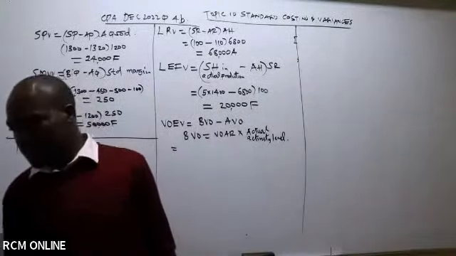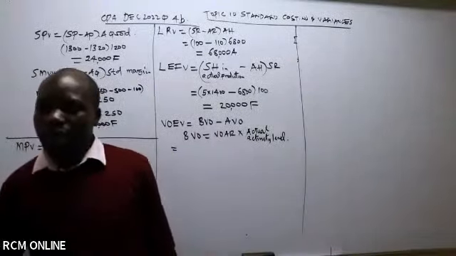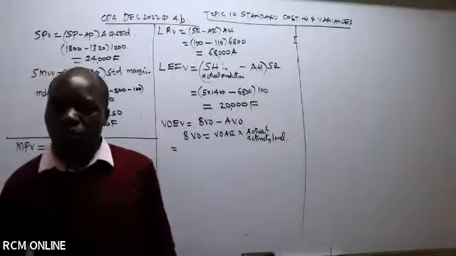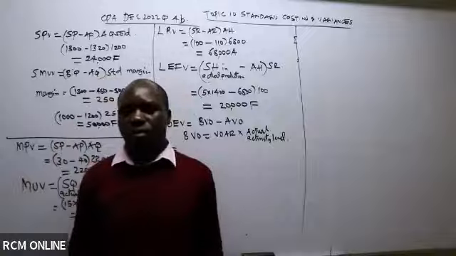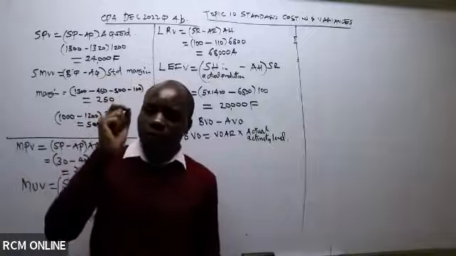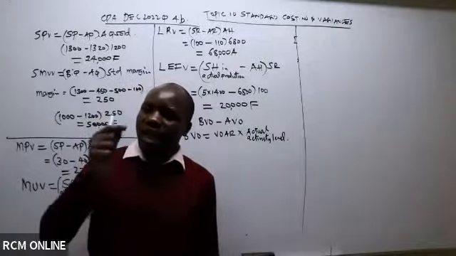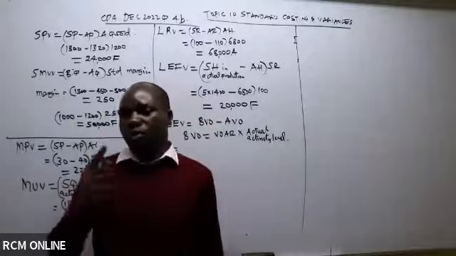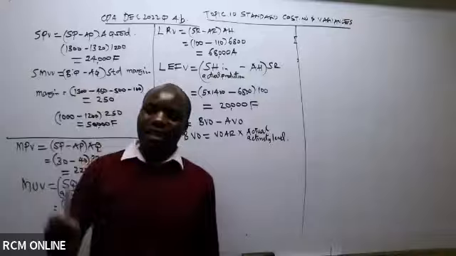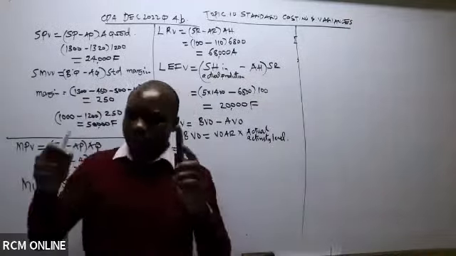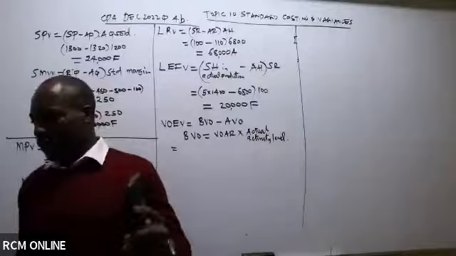You copy and paste. When you give us 100, 100 is the cost required to produce 1 unit of TT. They're utilizing 5 hours, and each hour is 20 shillings. When you multiply that, you get 100. 100 is for 1 unit of TT. But what is the cost per hour?